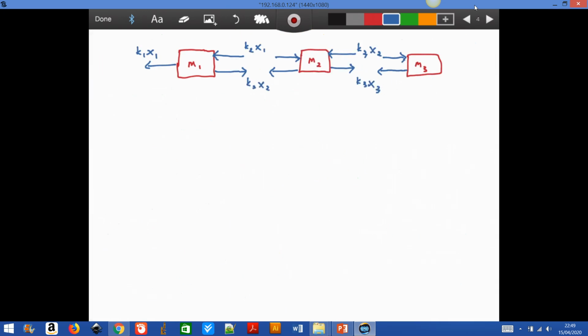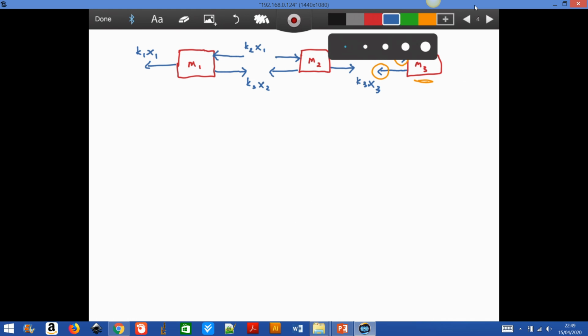Okay, how about the third mass here? For the third mass, we only have 2 reactions, just this one and this one.